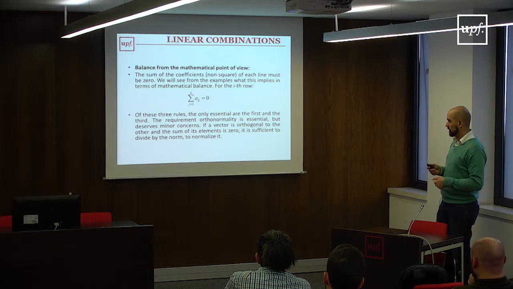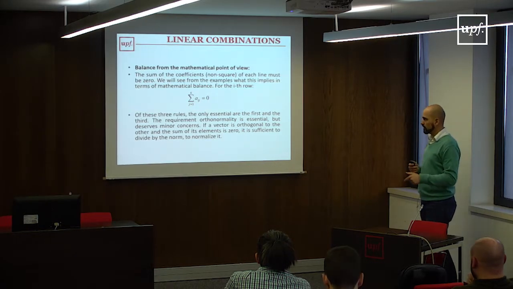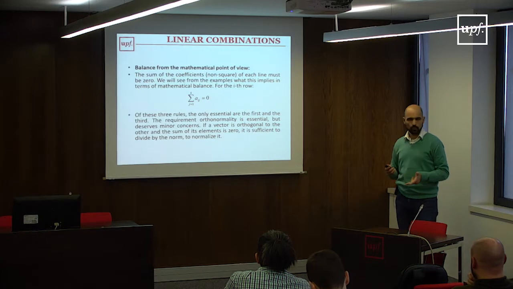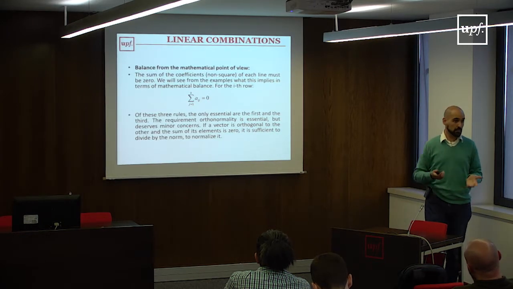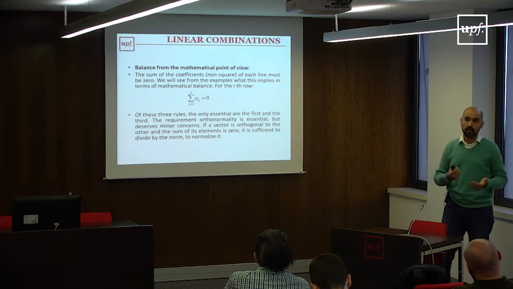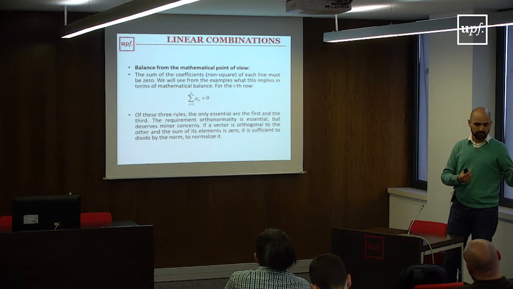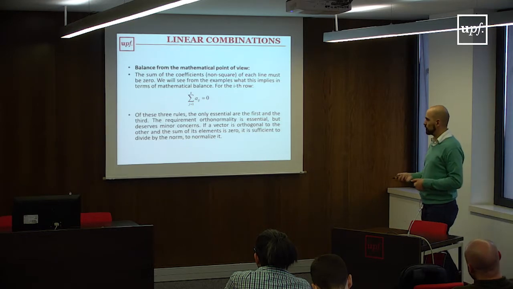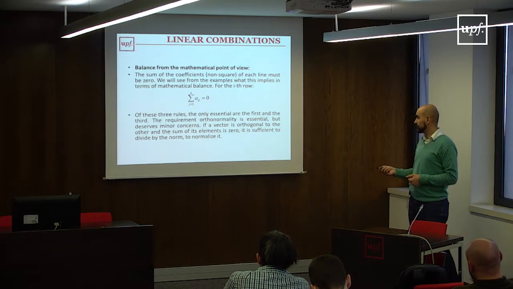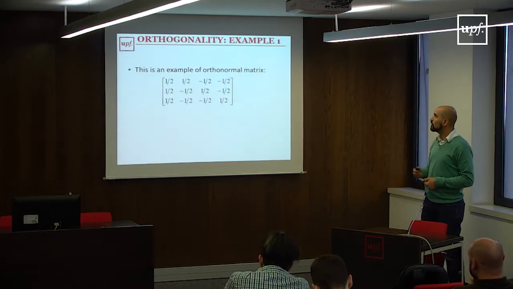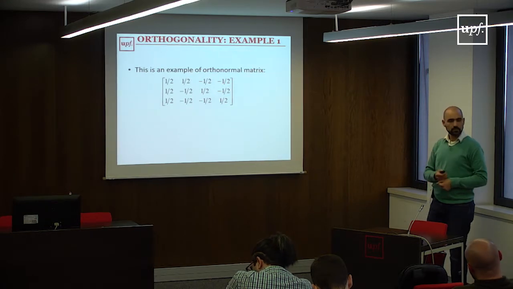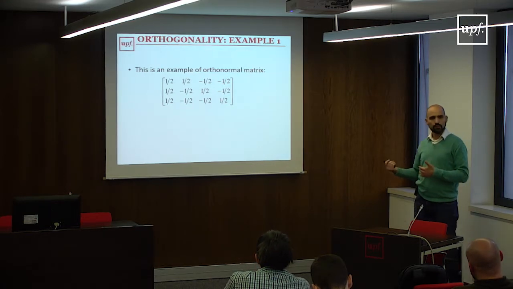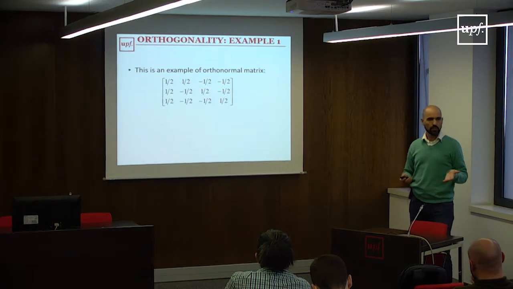Well, as we said, of these three rules, the first and the third are essential. The second one, related to orthonormality, is always achievable if the matrix is orthogonal, since it is easy to apply normalization. So this, for instance, is a matrix that can fulfill the request that we have seen before.